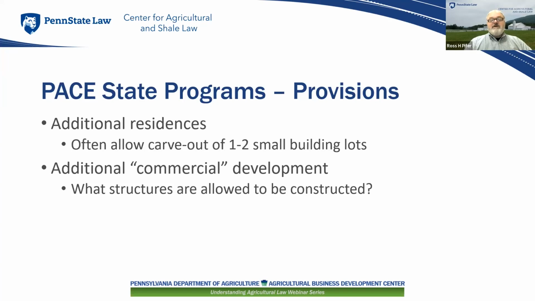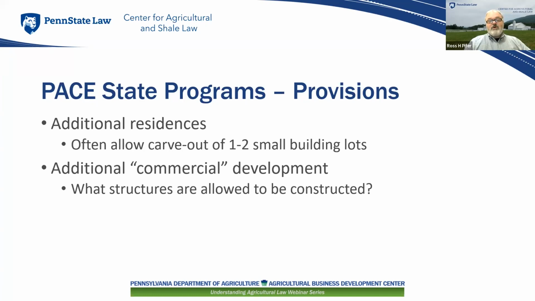There's always a question of whether you can build another house, or whether there is other commercial development, related or not to the agricultural operation, that can be constructed on the land.